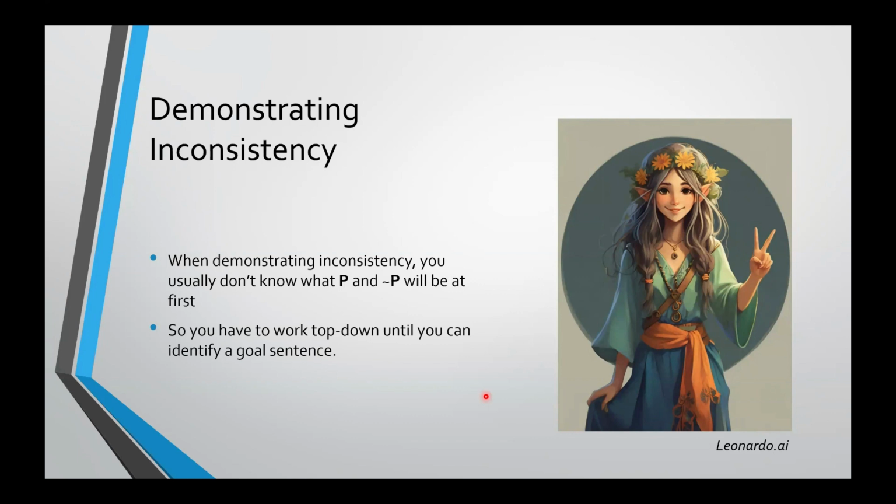So you'll need to work top down for a while and draw inferences from the set until you can finally identify a goal sentence. You figure out where you can actually get a contradiction, and then you've got a goal that you can work towards. So we'll look at an example of this.